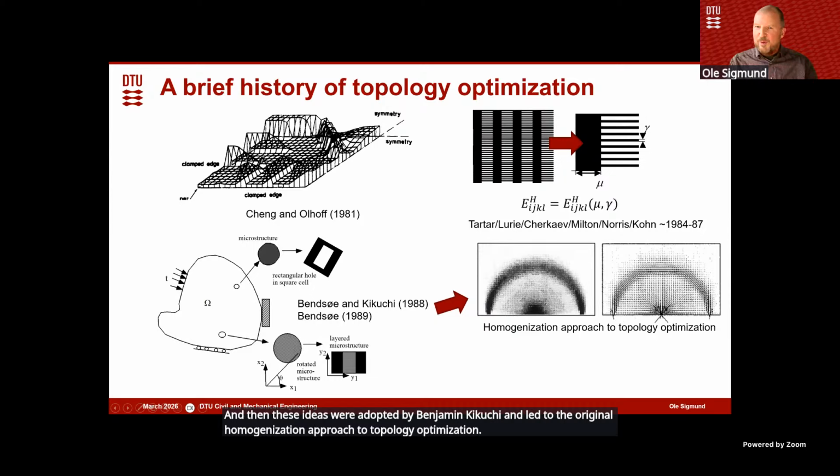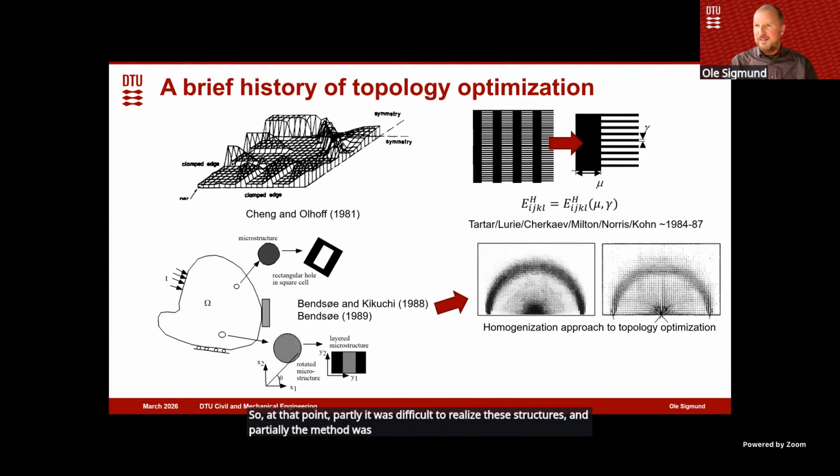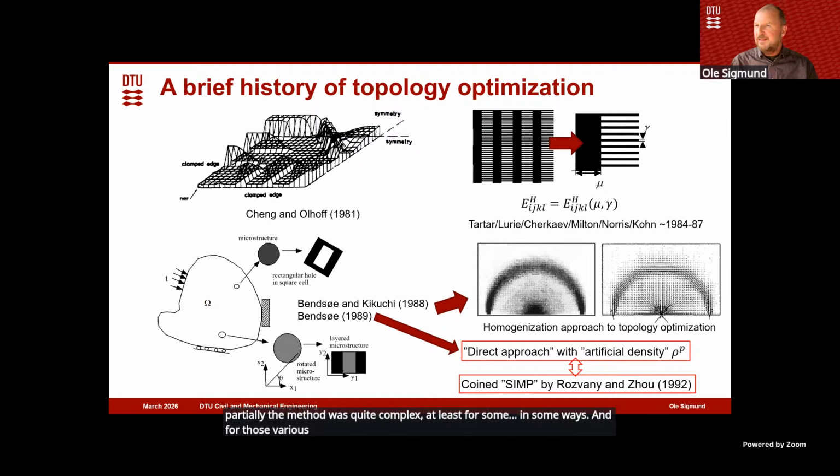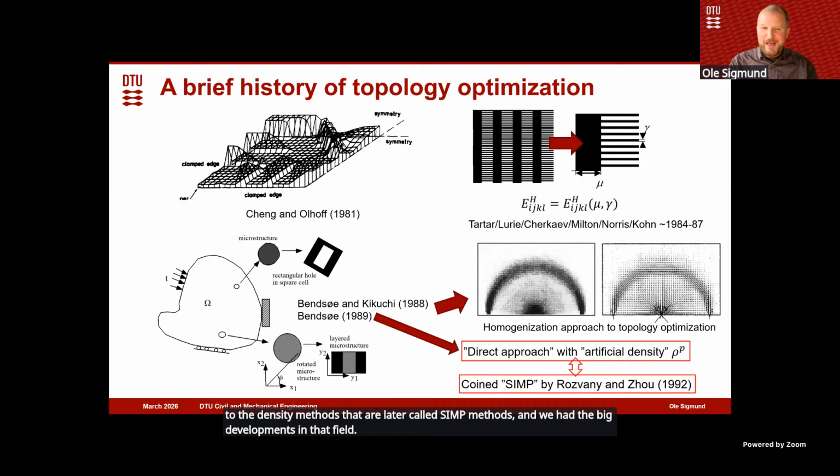At that point, it was partly difficult to realize these structures, and partly the method was quite complex in some ways. For those reasons, everybody switched to the density methods that were later called SIMP methods, and we had big developments in that field. But I will actually show how we get back to the original ideas in a second.